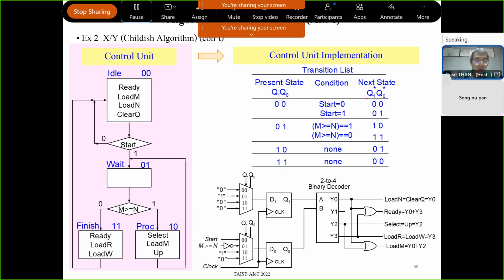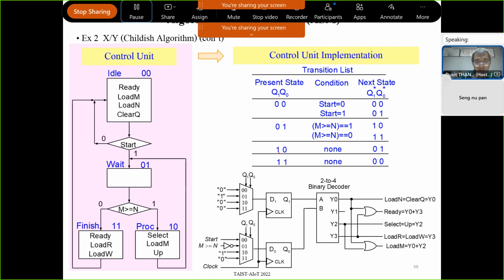From this table, Q1 star, or the value of D1, at state 00, namely when Q1, Q0 is 00, is 0, right? So you feed 0 here. And for state 01, the data of Q1 star should be 1, so I feed 1 here.